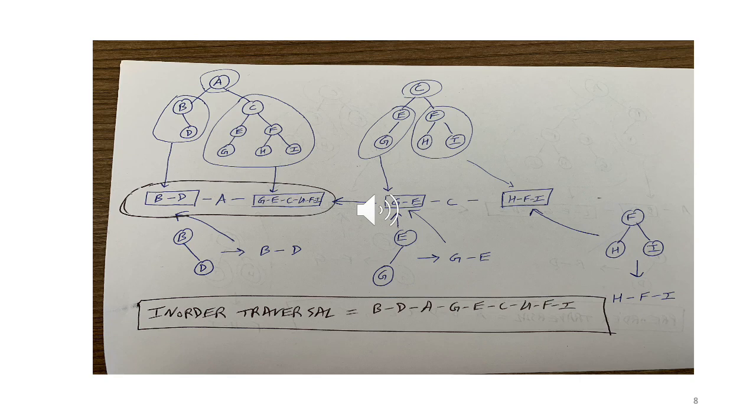Given a tree, first perform an in-order traversal of the left subtree, then visit root, and then perform an in-order traversal of the right subtree. So note down these three steps: perform in-order traversal of left subtree, visit root, perform in-order traversal of right subtree. So now we know that these are the steps.